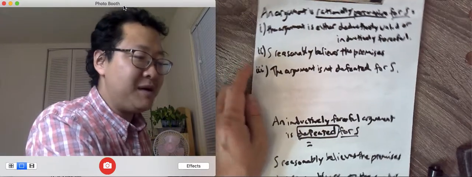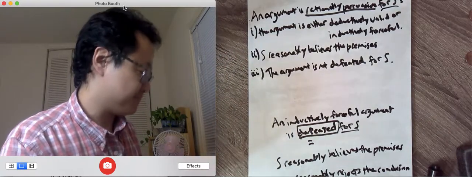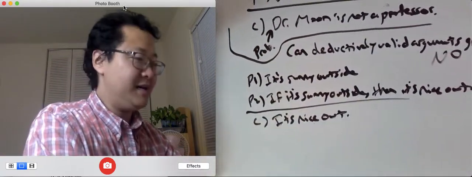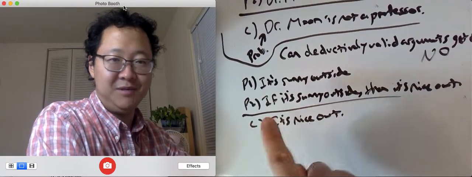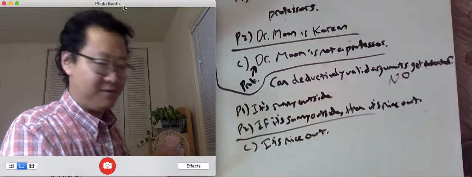Okay, let's think about this second condition here, whether S reasonably believes the premises. And let's look at this example. It's sunny outside. If it's sunny outside, then it's nice out. Therefore, it's nice out.